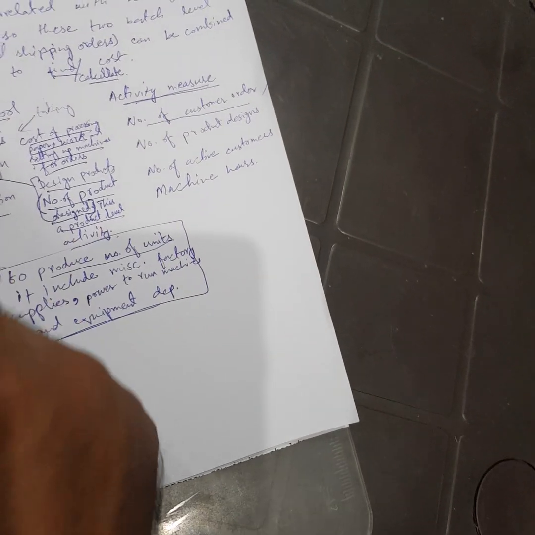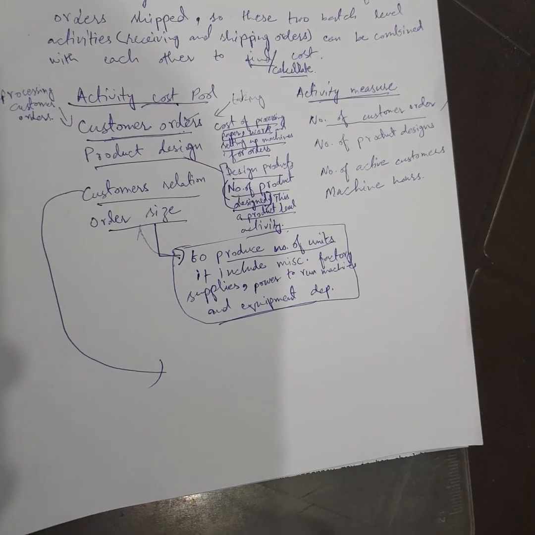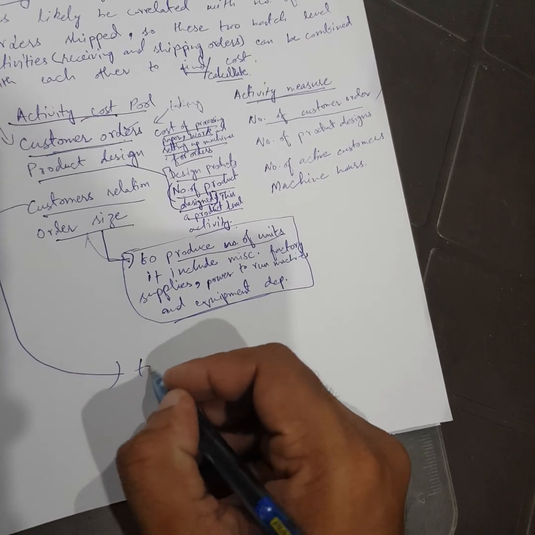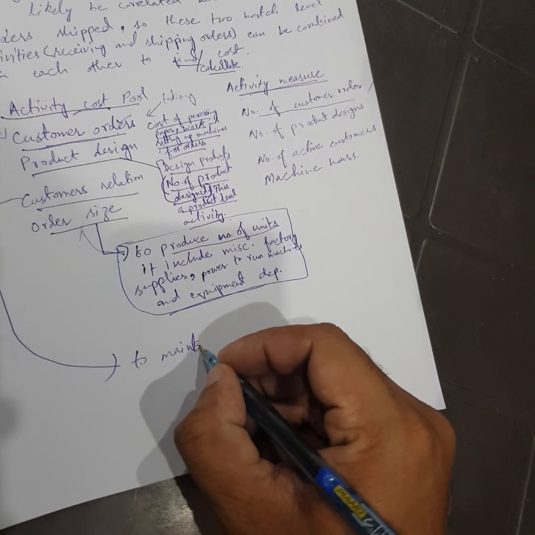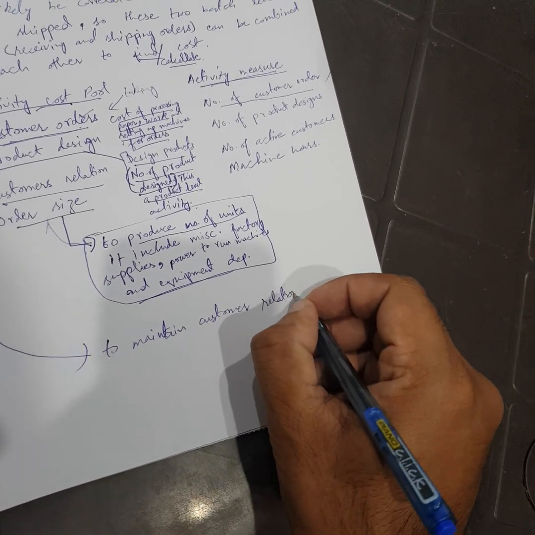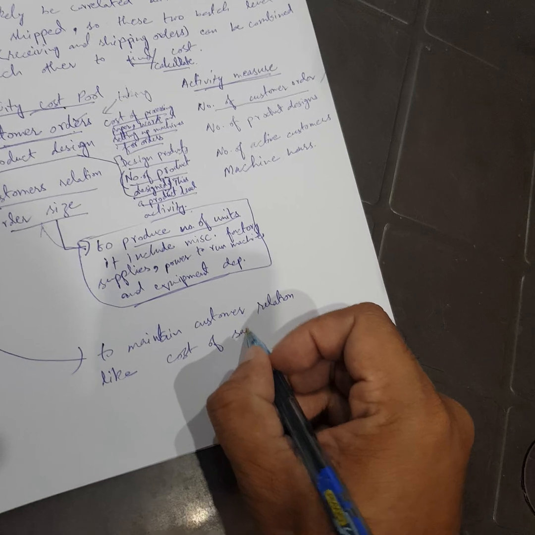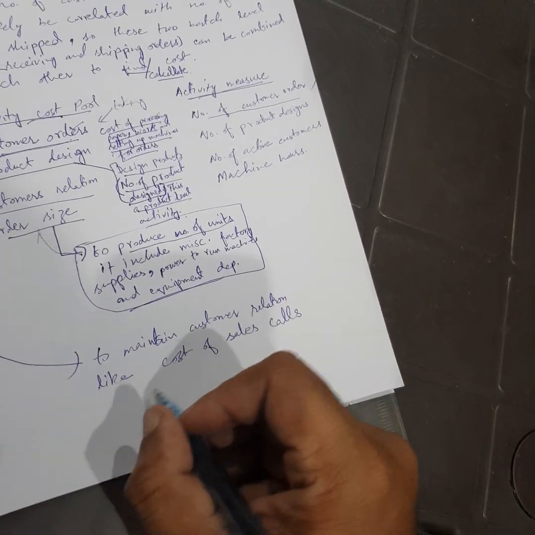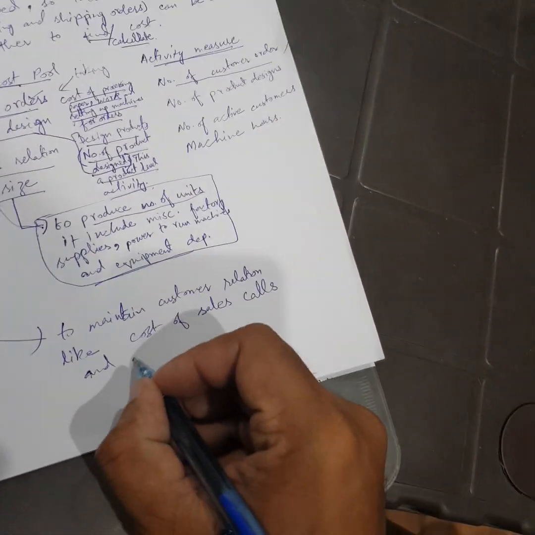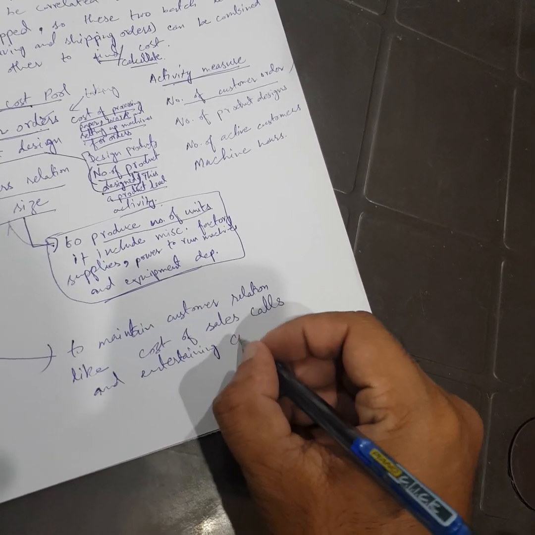Then comes customer relation cost. It covers all the resources consumed to maintain customer relations, like the cost of sales calls and entertaining customers.